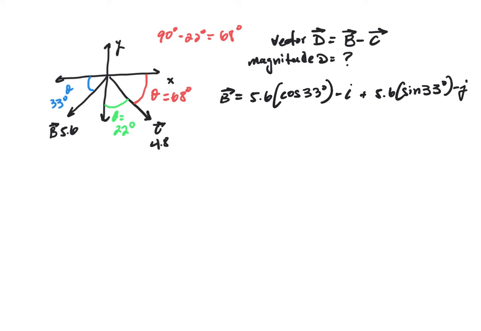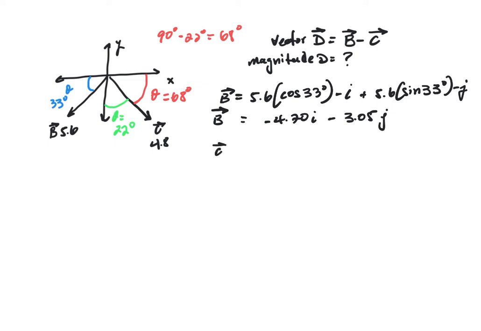Using our calculator, that gives us negative 4.7 i, and negative 3.05 j, because the j is being multiplied by a negative. So our i and j for vector B is negative 4.70, negative 3.05.